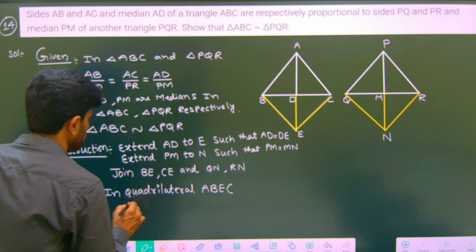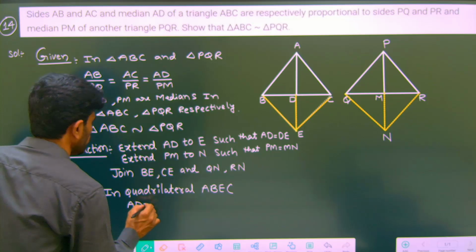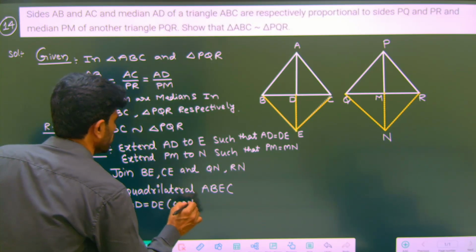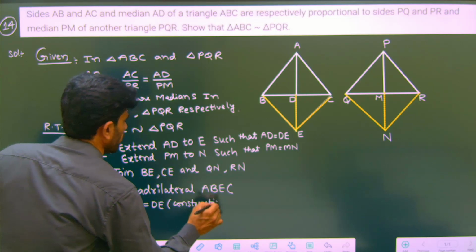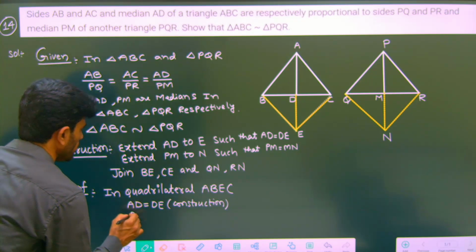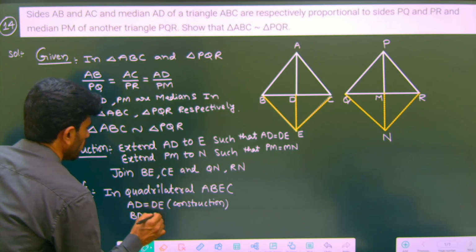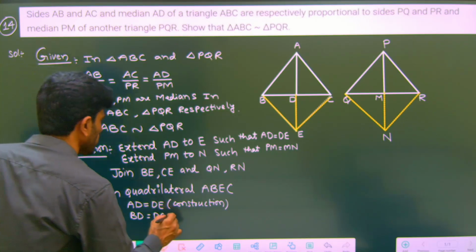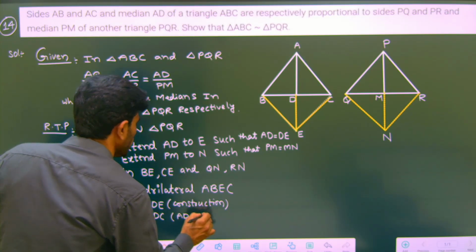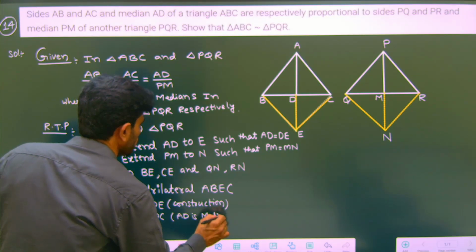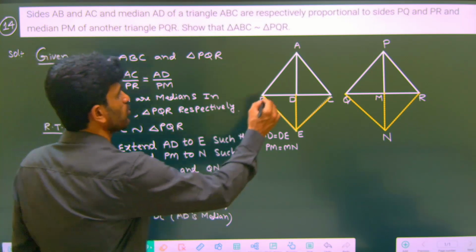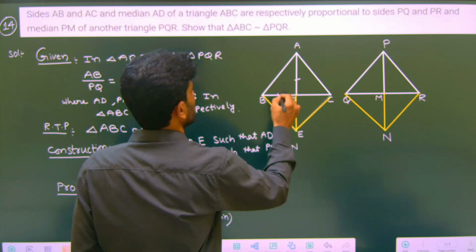We know AD is equal to DE by construction, and BD is equal to DC. Why is BD equal to DC? Because AD is a median, and a median bisects the opposite side.